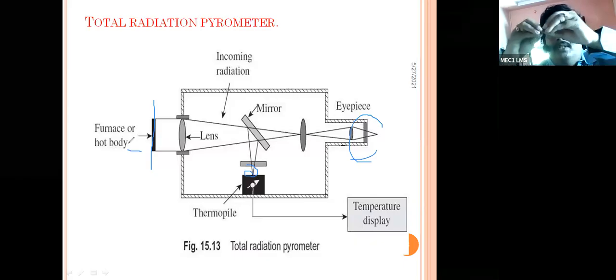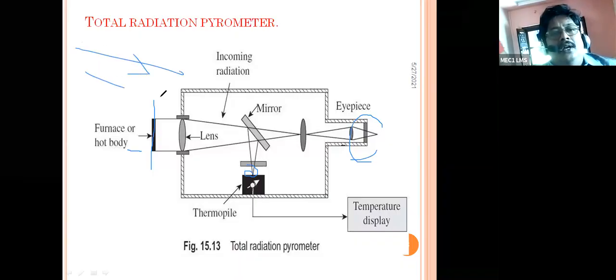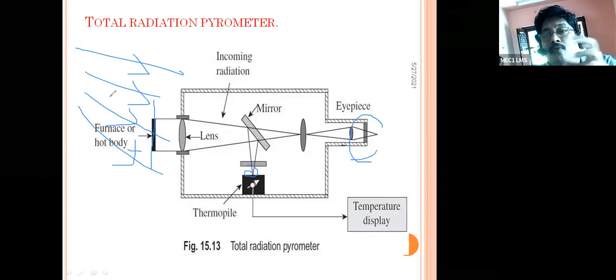At one point means automatically the temperature is more. For example, if the radiations are scattered like this, then we can't measure the temperature correctly. Our aim is that all these radiations have to focus at one point.